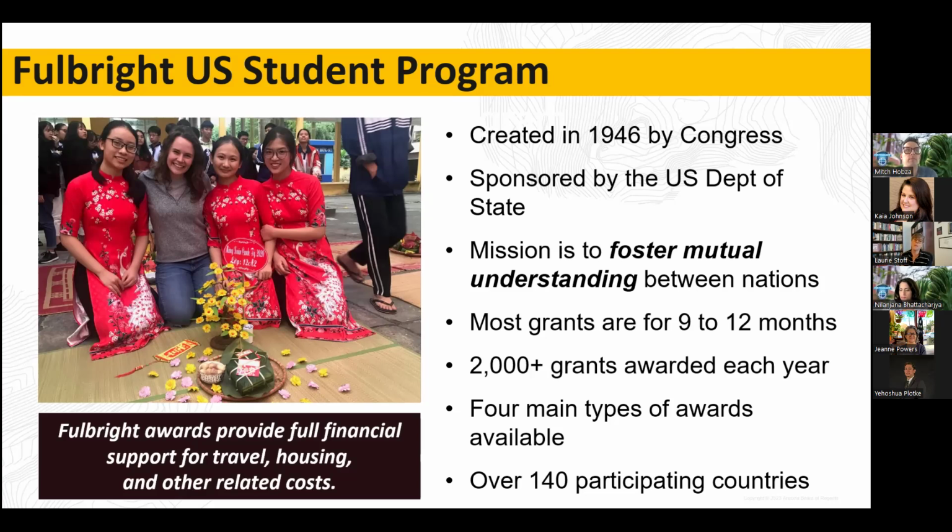Sometimes they will cover things like tuition if you're enrolling in a graduate program or some kind of institution. Sometimes they don't. It all depends. So those are things you really need to look at very carefully when you're evaluating the program specifically that you want to apply for. And there are about 140 different countries that you can propose a project in. So that's really exciting and gives you lots of opportunities.